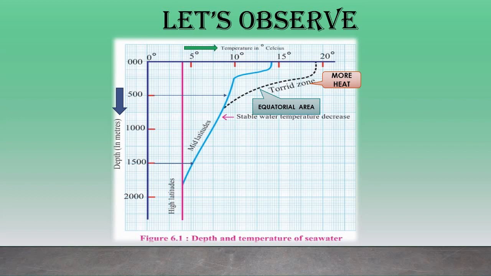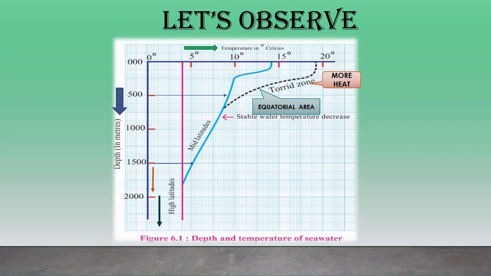From the given thermal graph of the temperature of seawater, it is seen that the impact of depth on the temperature of the seawater in the high latitude is nil. It means the temperature decreases up to 2000 meter depth. After 2000 meter, the temperature of the seawater is uniform everywhere. It is around 4 degrees Celsius everywhere from the equatorial region to the polar areas.